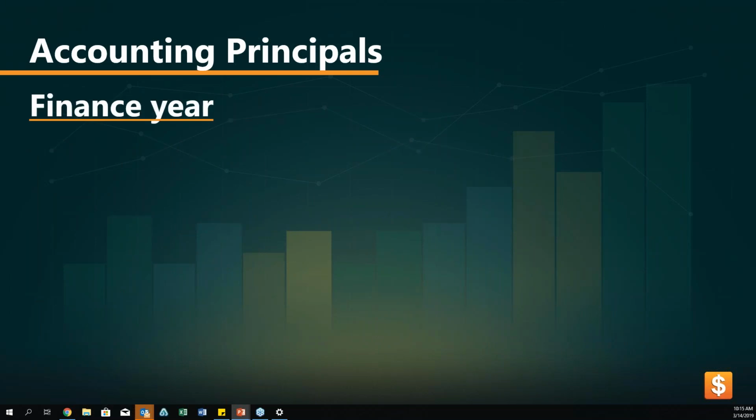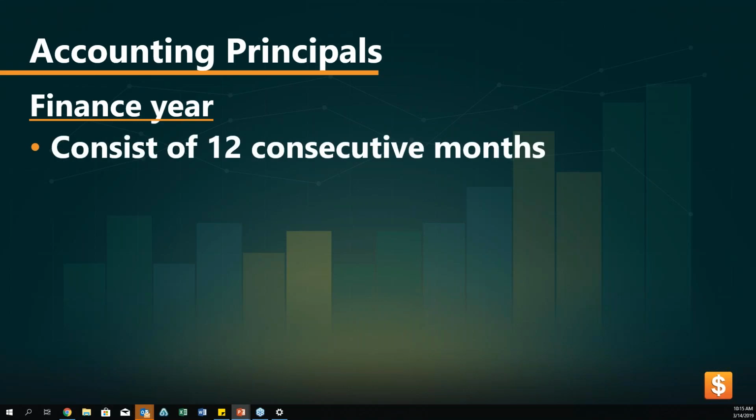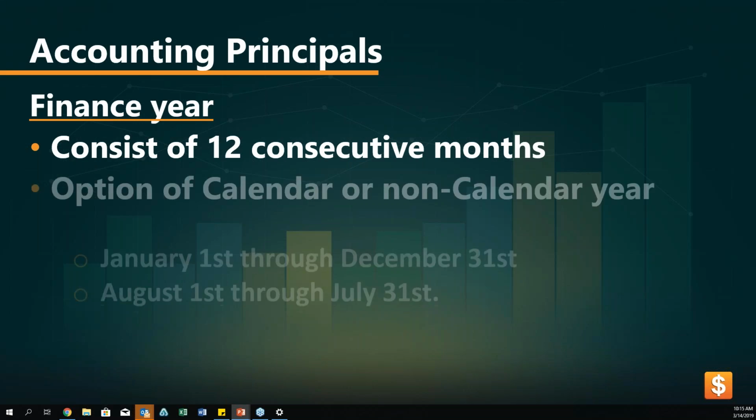Church360 Ledger also uses a finance year. And I guess it's finance year or fiscal year, depending on if it's calendar or non-calendar. These finance years are going to consist of 12 consecutive months. So it doesn't do partial years or anything like that. It's always going to be 12 months within the finance year.